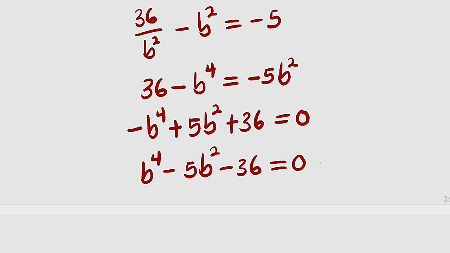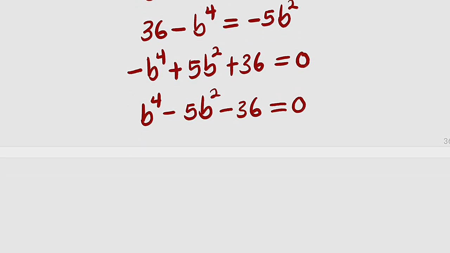This is a quartic equation, but you can treat it as a quadratic equation in terms of b squared. So let's factorize it. Think of two numbers which when you multiply them, you get -36, but when you add them together, you get -5. The numbers are positive 4 and negative 9.